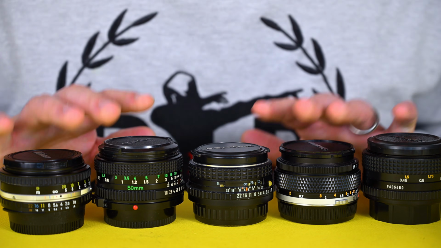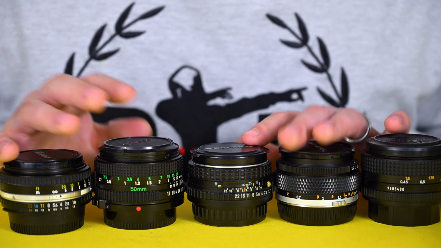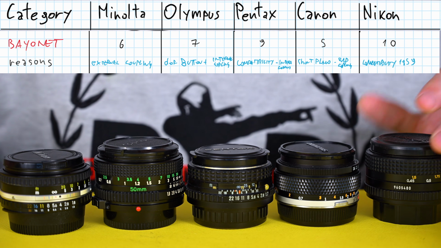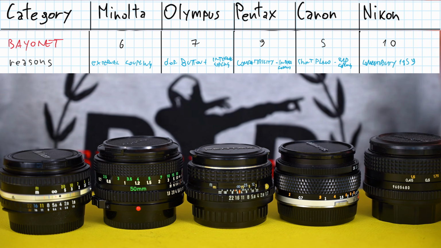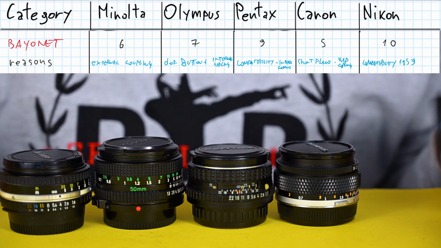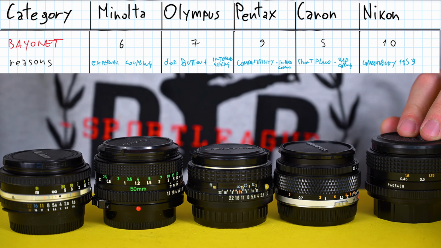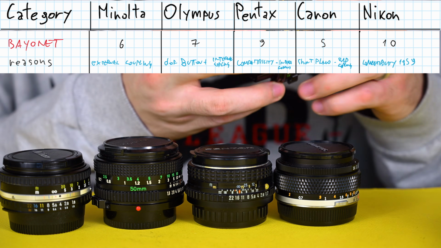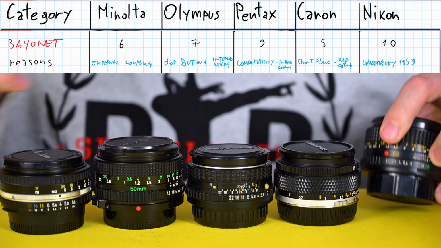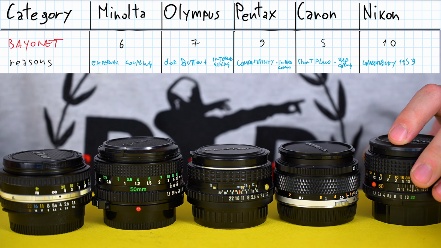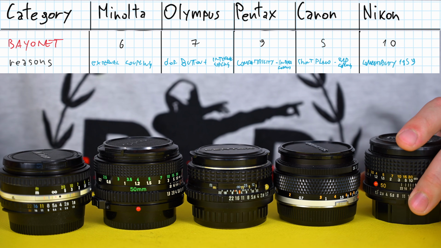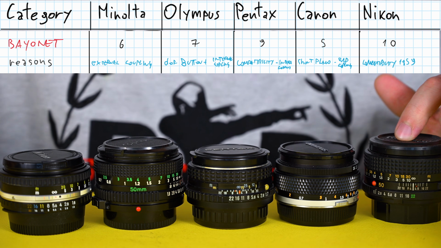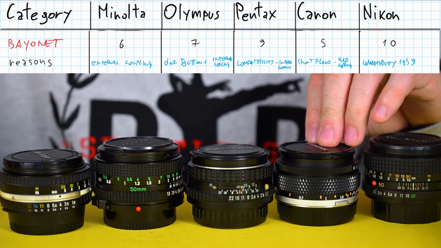Okay, the bayonet, I make the same thing as in the previous video. The bayonet reasons are the same because they are the same bayonets. Anyway, a 6 for the Minolta bayonet because it's external coupling. That means you can have dust, some problems with the coupling, but the problem is that you don't have a lot of compatibility because with the autofocus they changed the bayonet.